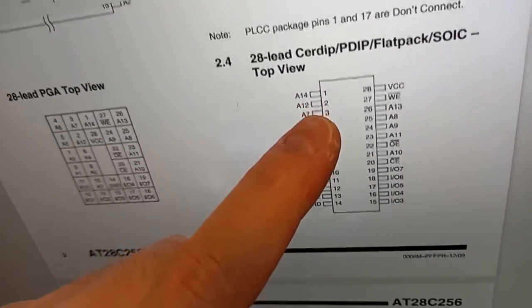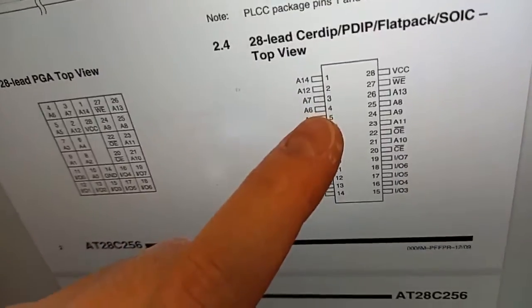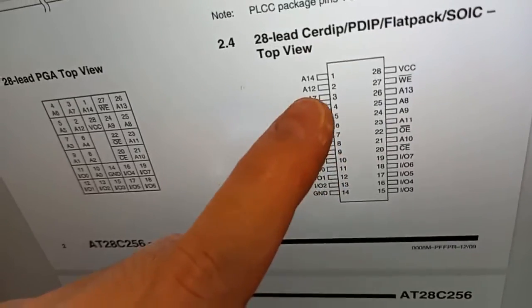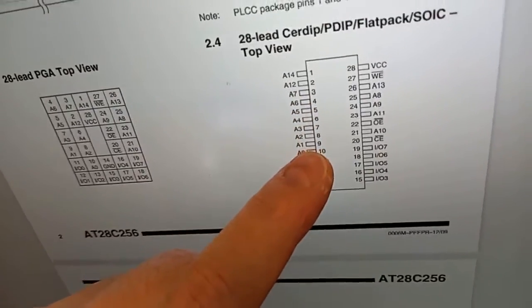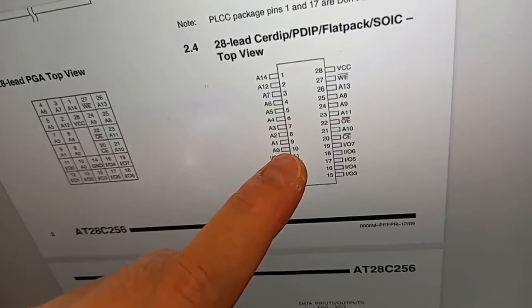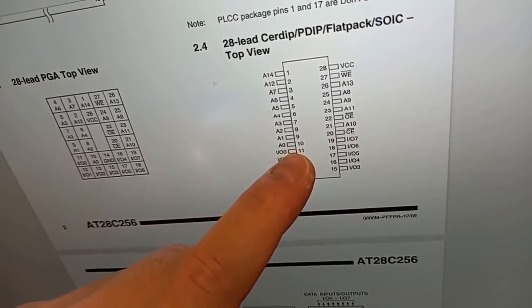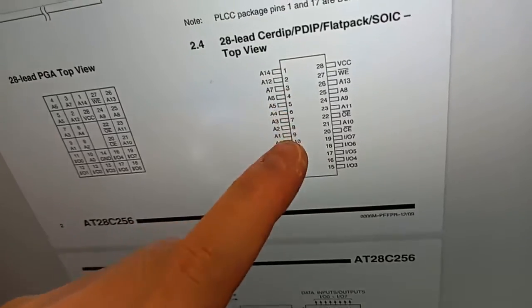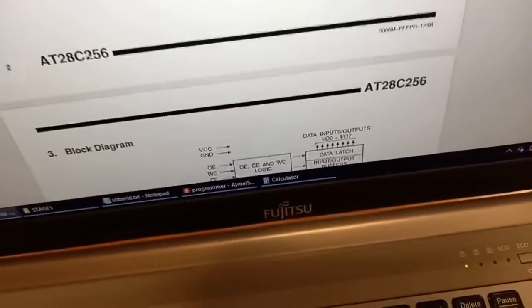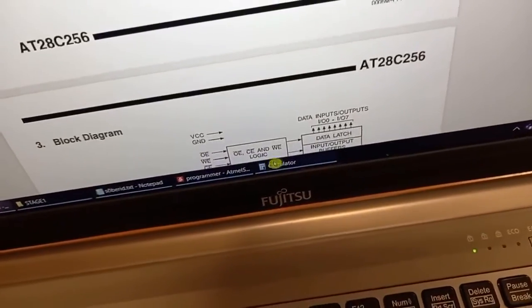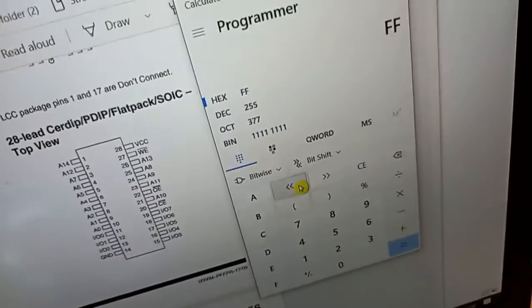Leg number 1, leg number 2, leg number 3, all of them are addresses A. But as you remember, to address only 5 addresses, we don't need this many. We only need 3 legs.